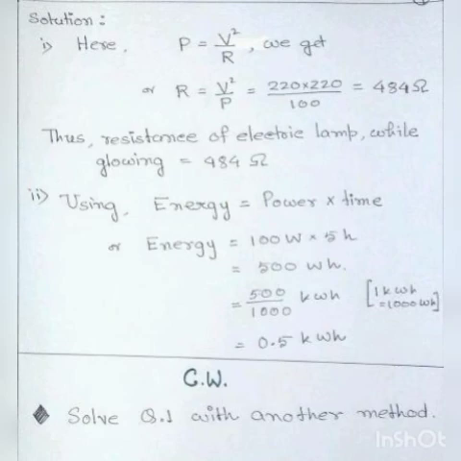We know 1 kilowatt hour equals 1000 watt hour, or 10 to the power 3 watt hour. So 1 watt hour equals 1 by 1000, or 10 to the power minus 3 kilowatt hour. To convert watt hour to kilowatt hour, we divide the numerical value by 1000, and here we get the electric energy consumed per day as 0.5 kilowatt hour.